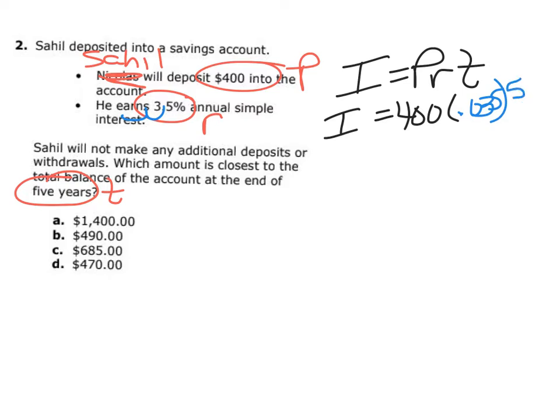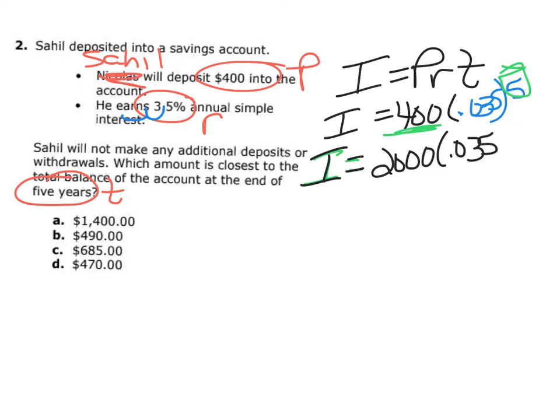So I know I could multiply 400 times 5 because that's going to be 2,000. So I'm going to multiply those two. I'm going to change the color here. So this is going to be 2,000 times 0.035. So now all I have to do is multiply 35 times 2,000.